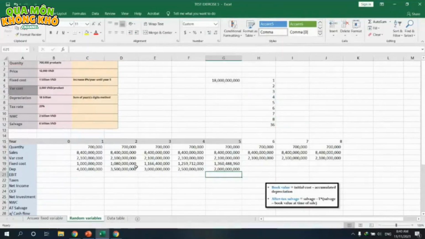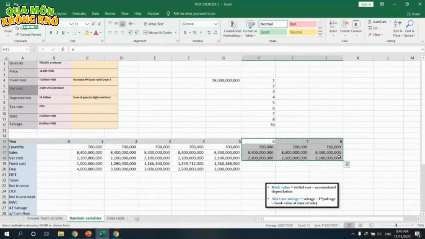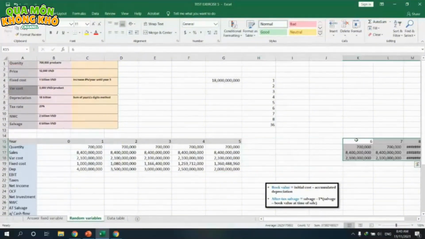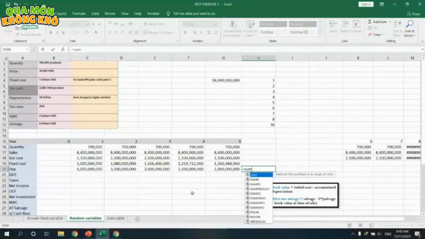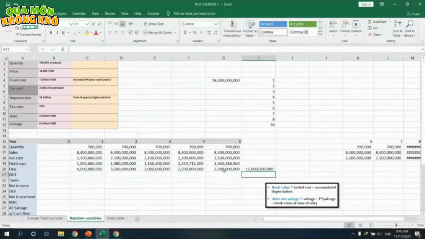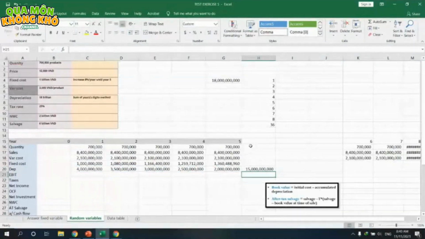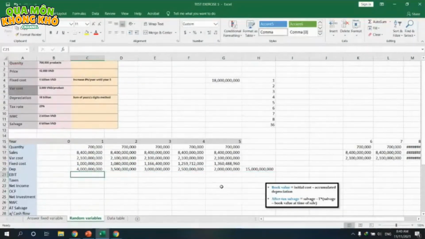And because we only focus on the first 5 years of the projection, so here we have the total depreciation, which is 15 billion.